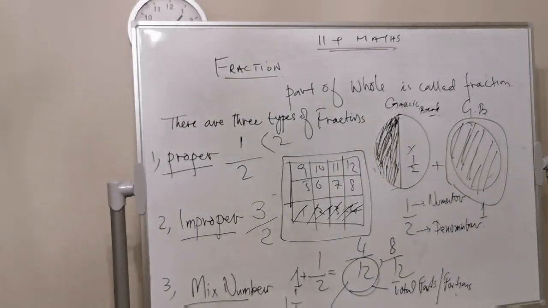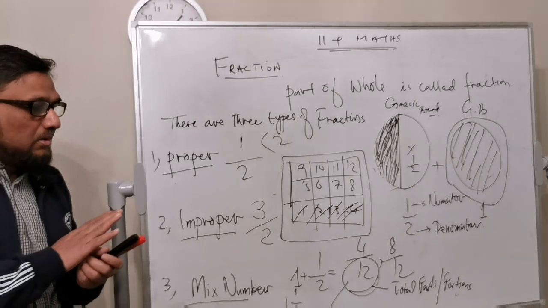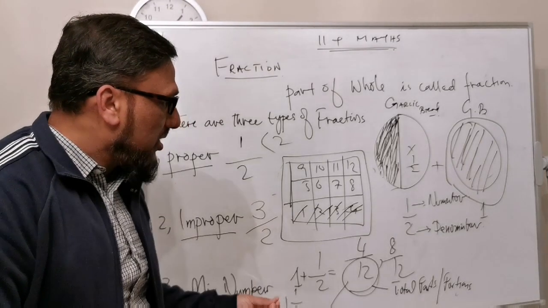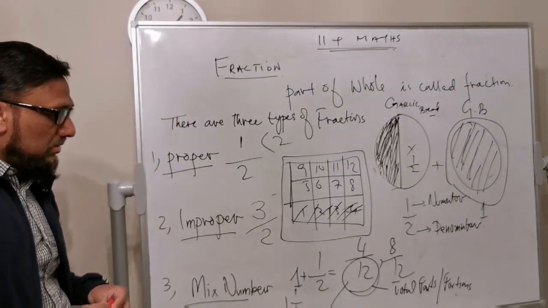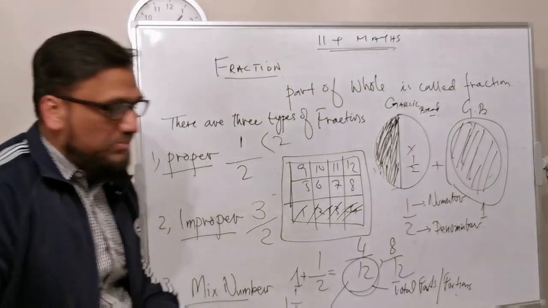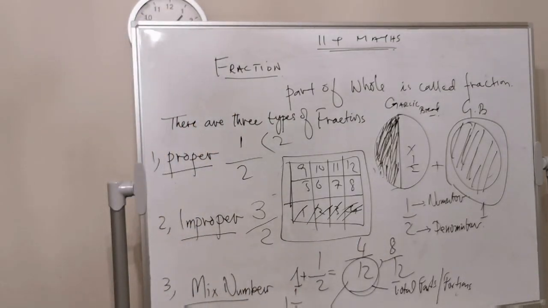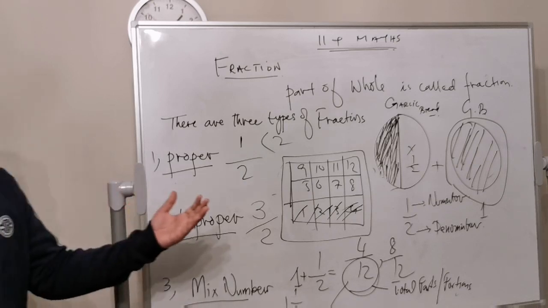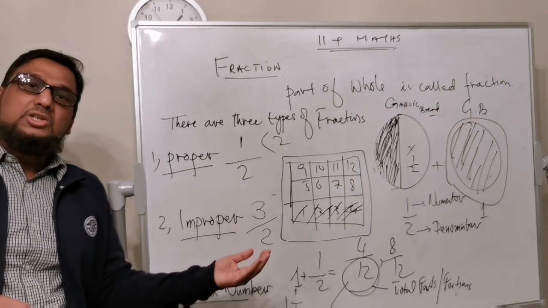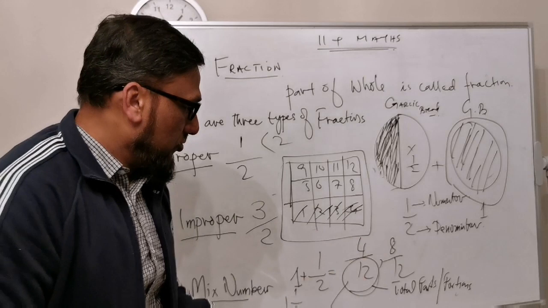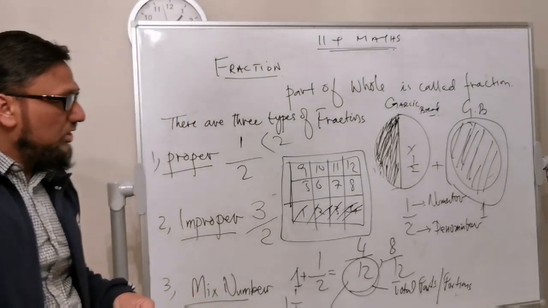So the denominator shows the total number of parts or portions, although the numerator represents the number which you have done or which you need to do in future.